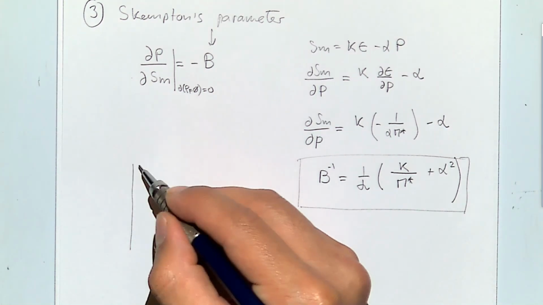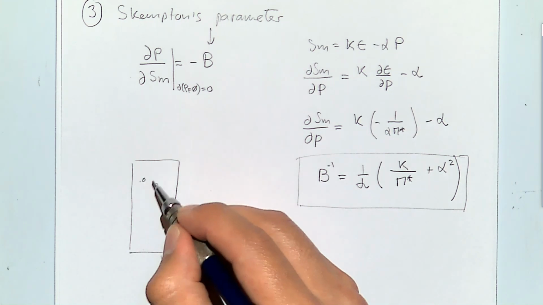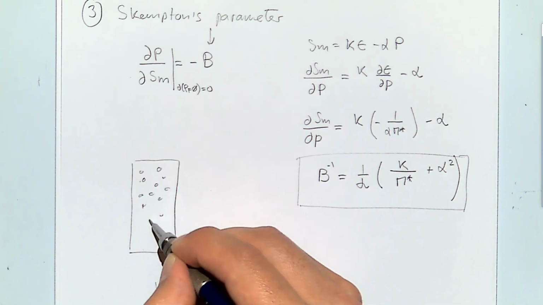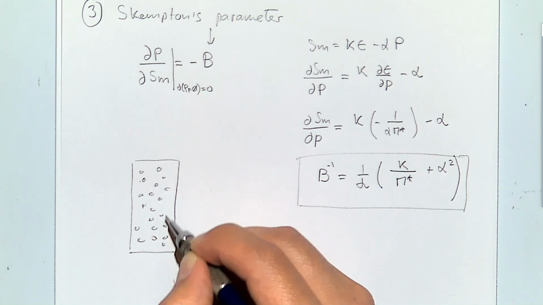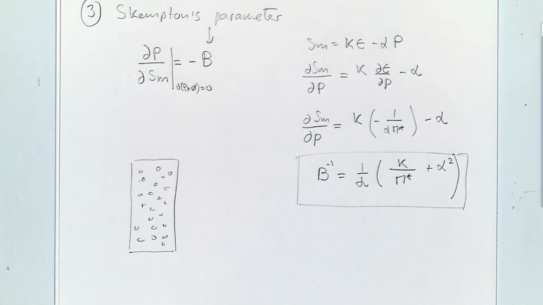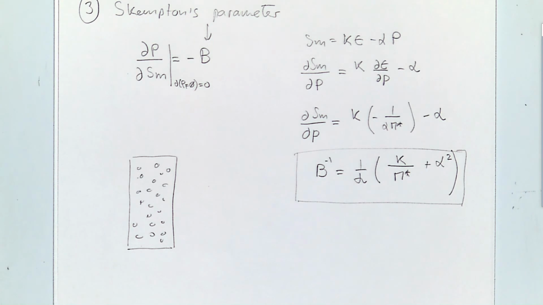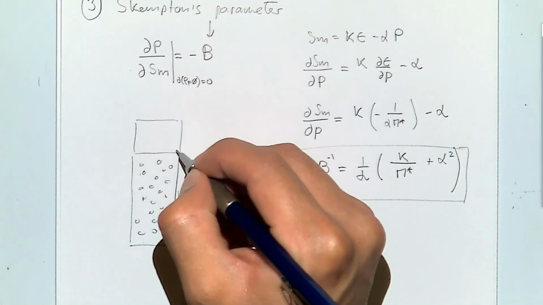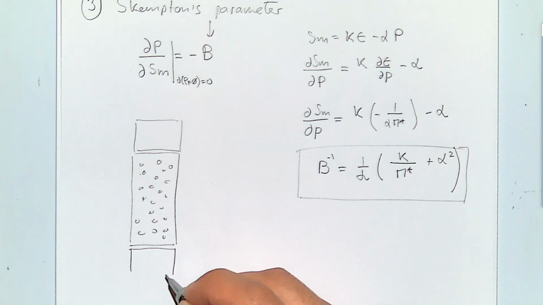Whenever you have a porous rock and you are measuring a P wave velocity, you want to make sure that your rock is fully saturated with the fluid, especially if you want to measure the P wave velocity with saturated conditions like in situ. The issue there is that if the rock is not fully saturated, your P wave velocity is going to be a lot lower than it should actually be.